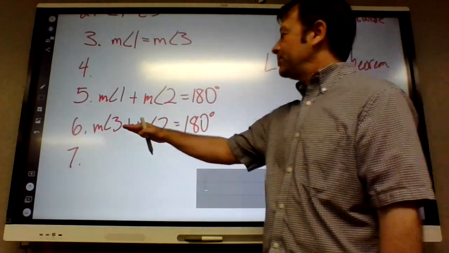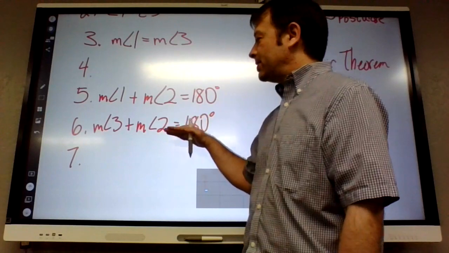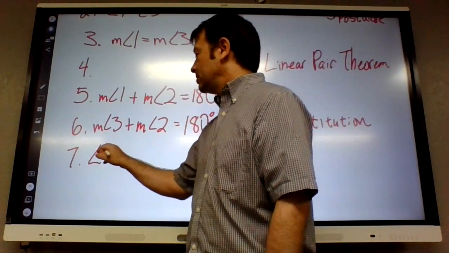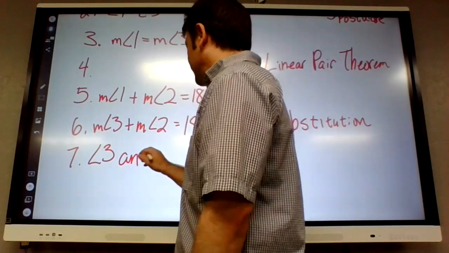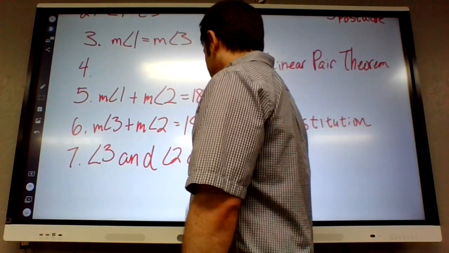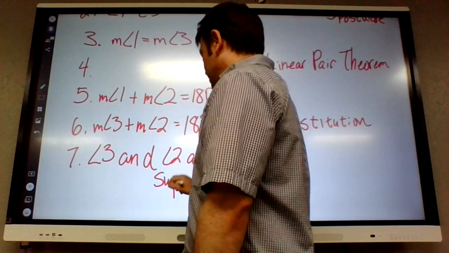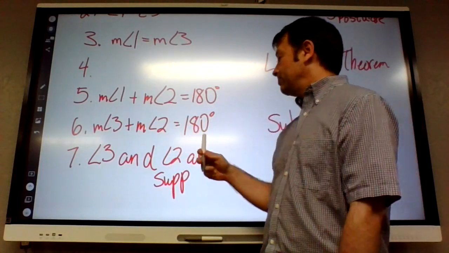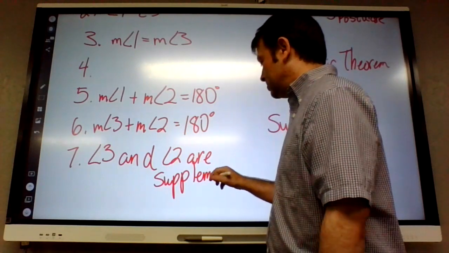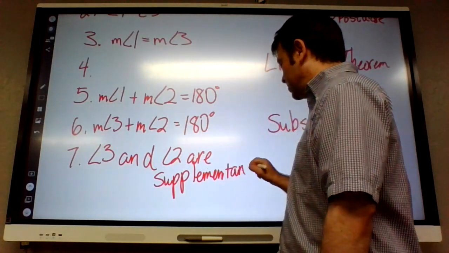Okay, so if those two angles add up to 180, then what can I say about them? Then 2 and 3 are supplementary. Did the book say that? Is that how you know it? No? Well, that's what we're proving, so isn't the last thing always what we're proving? Yeah, but it's also kind of based on this statement right here. It should all look together.